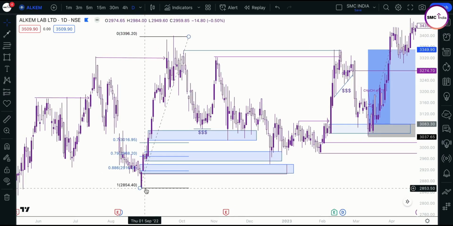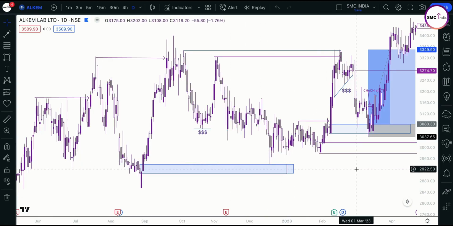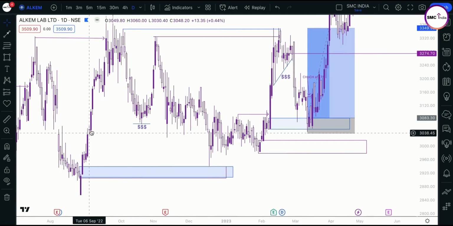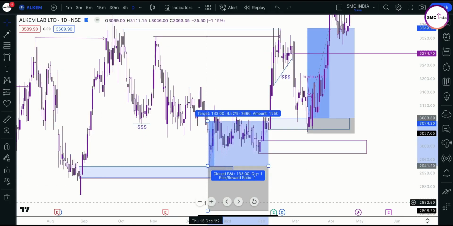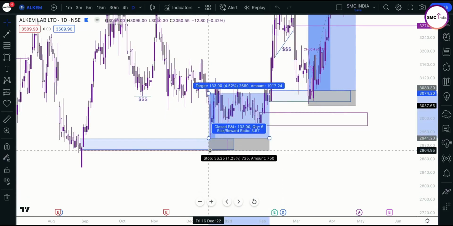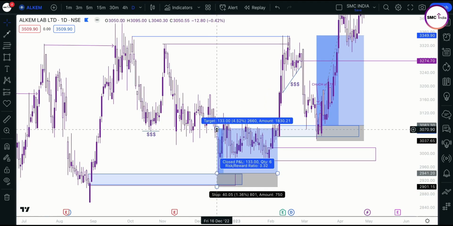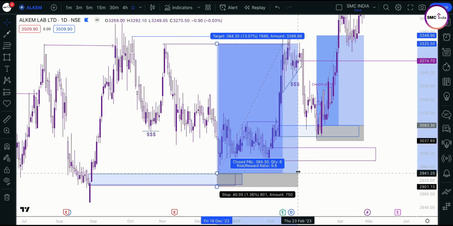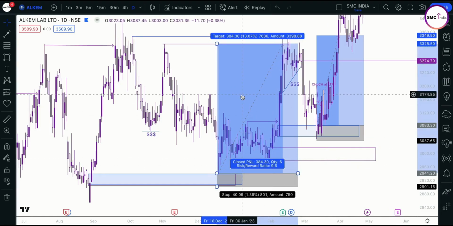So you could easily understand how this Fibonacci tool helps in identifying and disqualifying these order blocks. So you take the trade from here, putting a stop loss below this order block, targeting this side, and it easily hits your take profit with 9.6 risk-reward.